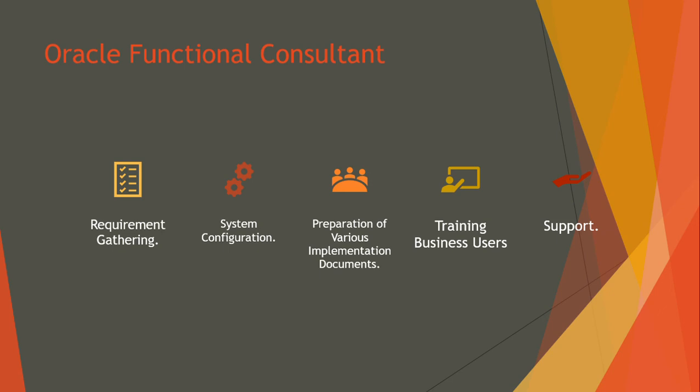The third thing is that you'll be preparing various implementation documents. In an ERP functional consultant role, there's a lot of documentation that needs to be done. This starts with requirement gathering.